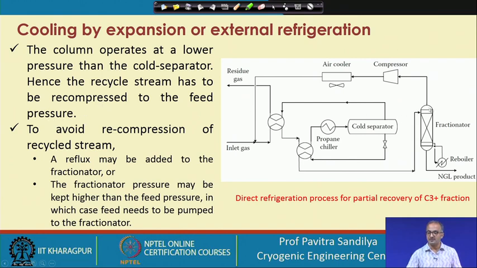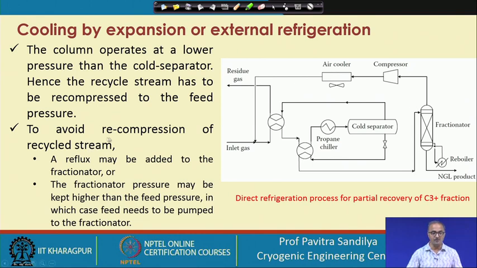What it means is that because this fractionator has a lower pressure than the feed pressure, when we are passing it back to the inlet gas, we are recompressing it, and by recompression we are able to bring the pressure back to that of the inlet gas with which we are mixing it. So that is why we need the recompression of the vapor from the fractionator.